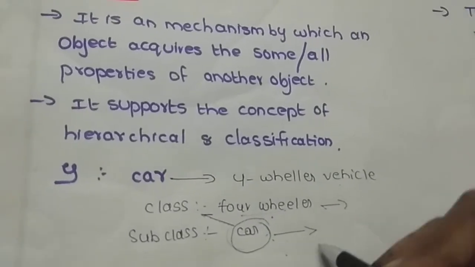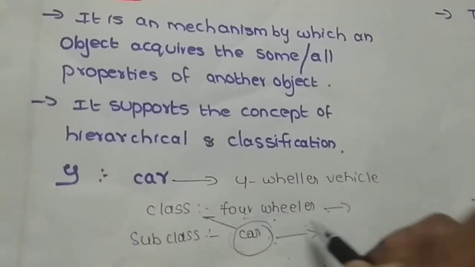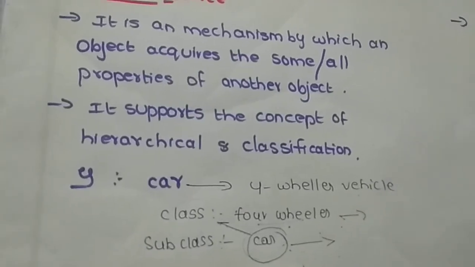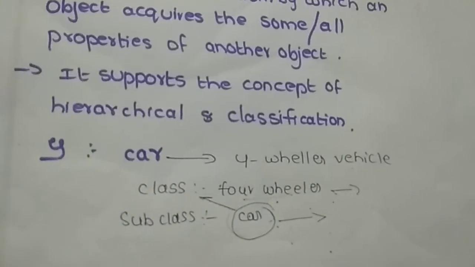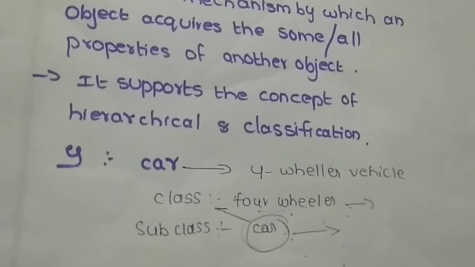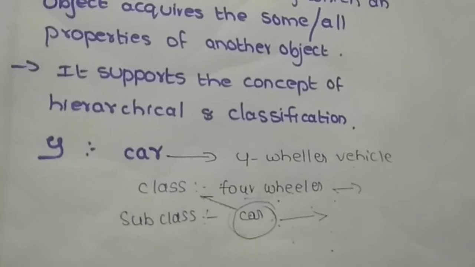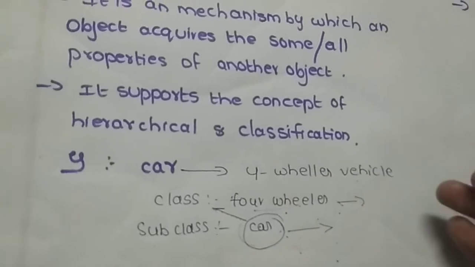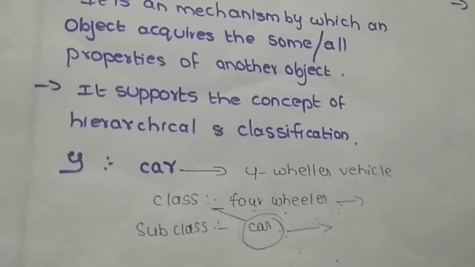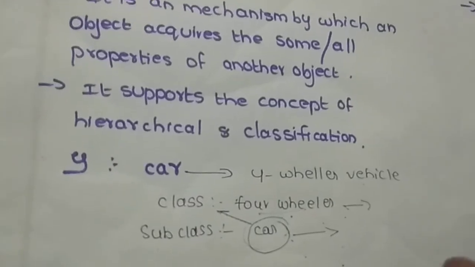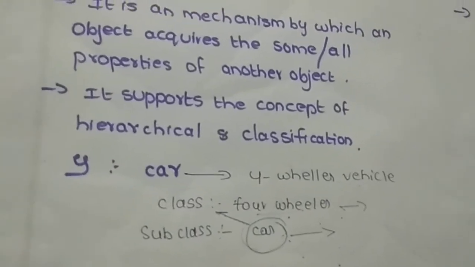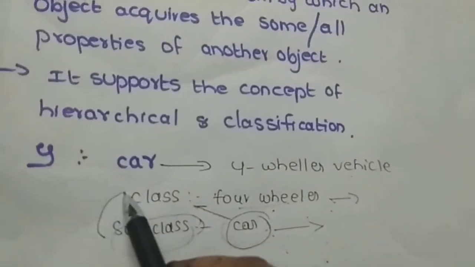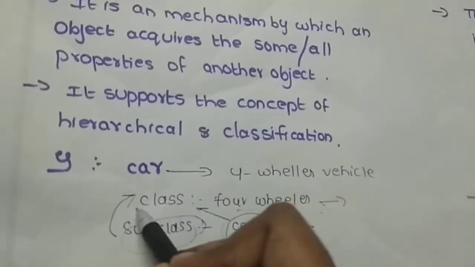It acquires the same properties of four-wheeler, meaning it has four wheels, and also has some specific properties which are different from other classifications of four-wheelers. Compared to a jeep or any other vehicle, a car has luxury, comfort, shape, size, usage, etc. That means the subclass has all the properties of the class and also some other specific properties.